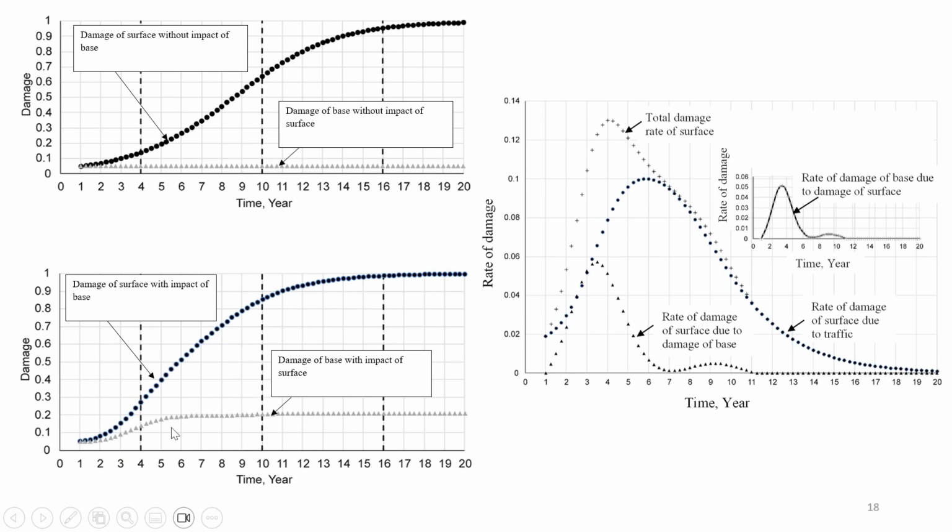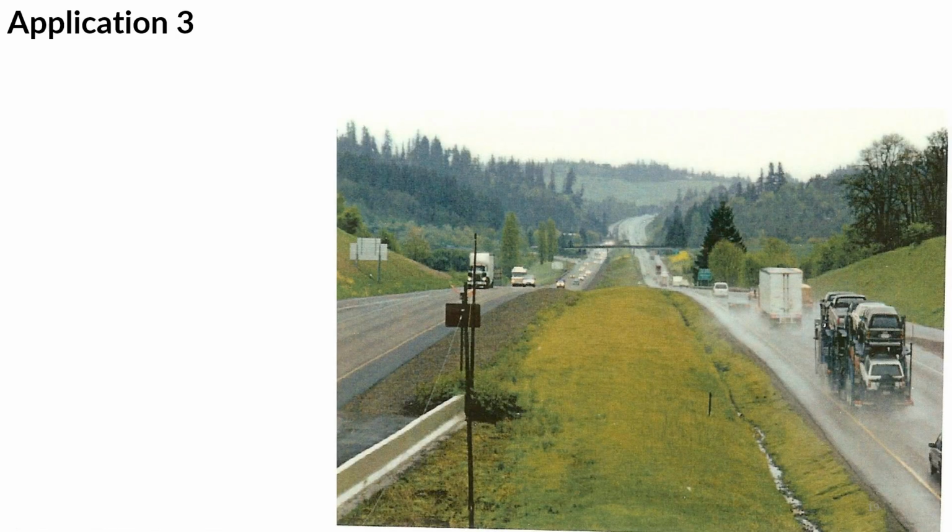You can see here that we clearly have the impact on the base, the damage is more, as well as an impact of the base on the surface. And you can figure out what is the rate of damage at the surface due to the damage of the base, where they are peaking, and what is the total damage rate of the surface. This is very important. Let me go to application 3.